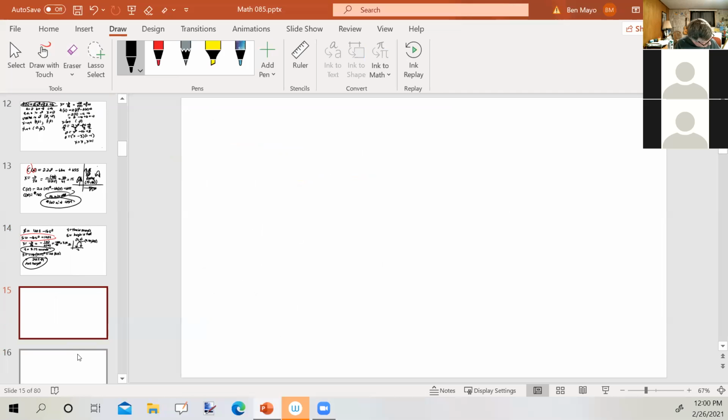This says projectiles. A ball is thrown straight upward from the top of a building with an initial velocity of 32 feet per second. The equation S equals negative 16t squared plus 32t plus 48 gives the height S of the ball in feet, t seconds after it's thrown.